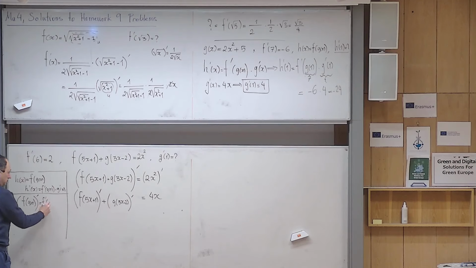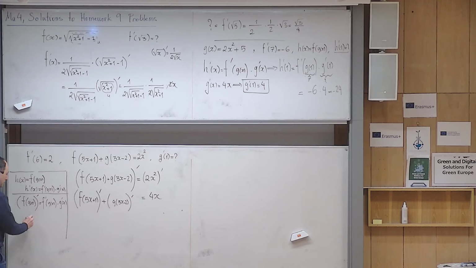Do you remember? Yeah. And I told you that these notations are similar, but they don't mean the same thing. Putting prime there and putting prime there, they are not the same as you see here. Yes? One of them is equal to the other one multiplied by g prime of x. So putting prime here or putting prime there is extremely important. They are not equal, unless g prime of x is 1. If g prime of x is 1, then these two notations are equal.